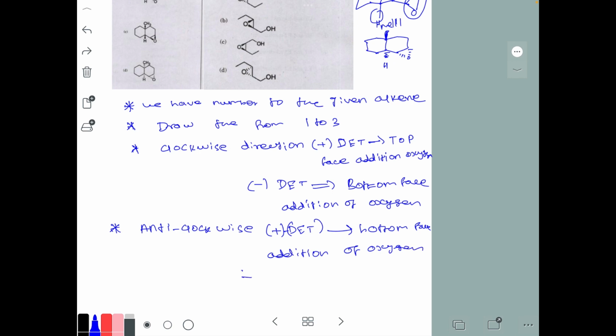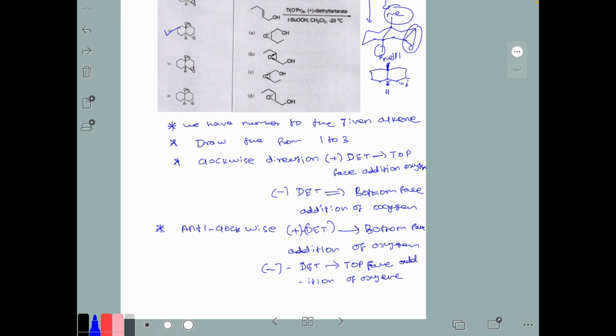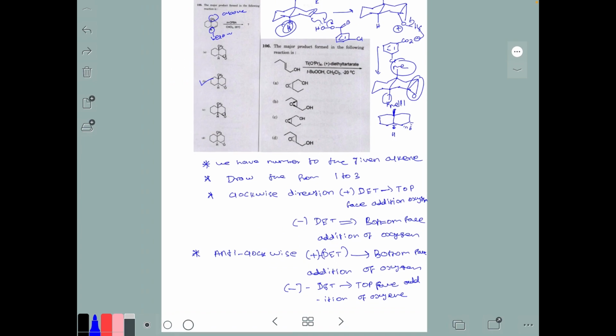If they have given minus diethyl tartrate, the oxygen addition occurs from the top face. Okay, these are the key points we have to keep in mind.